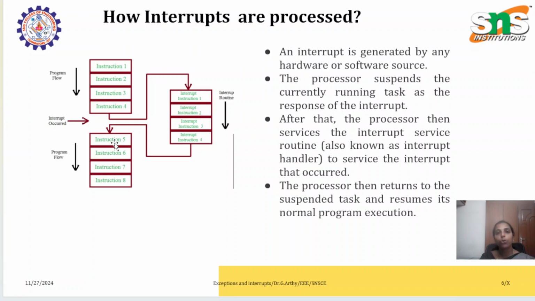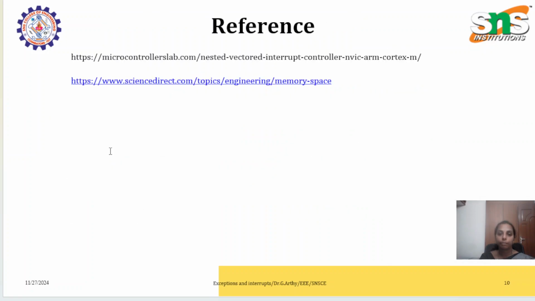Once exception 2 is completed, exception 1 will be resumed. After completion of exception 1, it will resume back to its normal position. This is how, with the help of exception numbers, the NVIC, the nested vector interrupt controller, works.